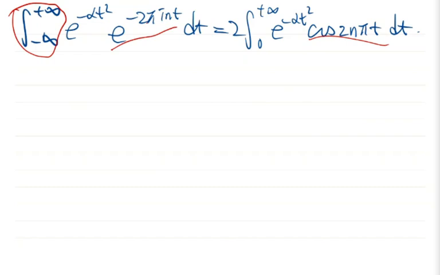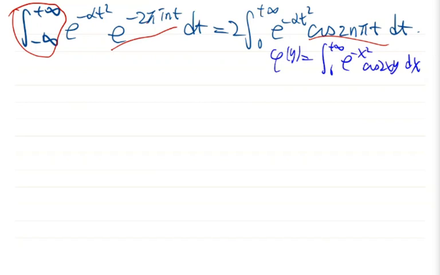Remember our phi y we just computed. Our phi y is the integral from 0 to positive infinity of exponential minus x squared cosine 2xy dx. So we need to write the integral we want to evaluate in the form of phi y.